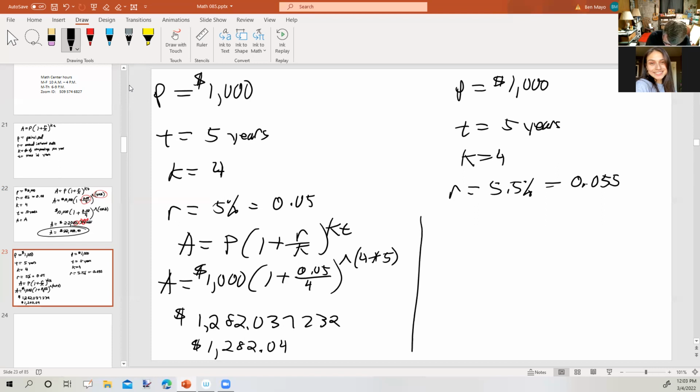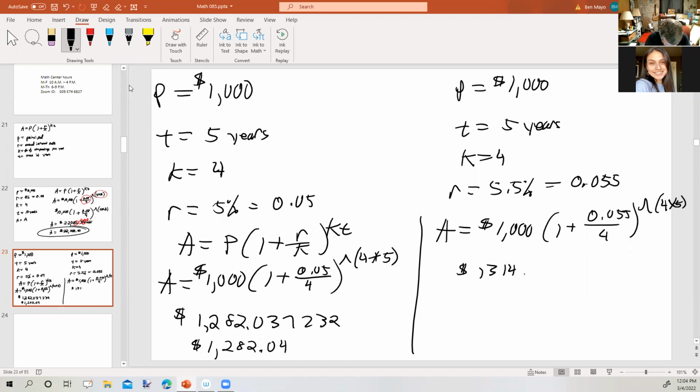Okay. Now over here, A would be 1,000 times 1 plus 0.055 over 4 to the 4 times 5 power. Okay, so 1,000 parentheses 1 plus 0.055 divided by 4, close parentheses, raised to the power, parentheses 4 times 5, close it up, and I get 1314.066502.